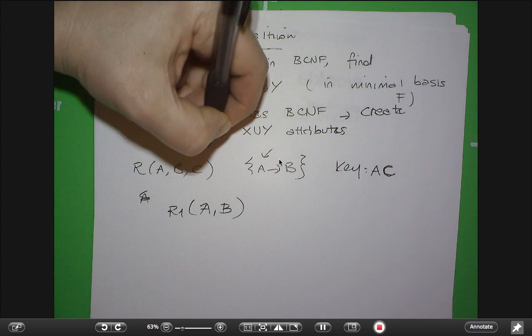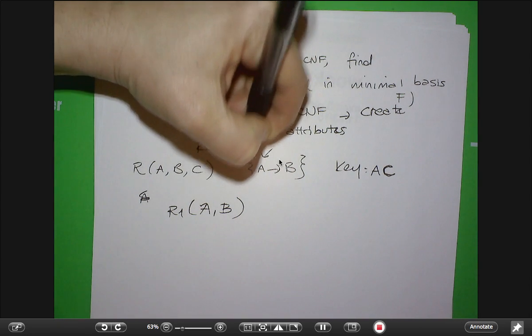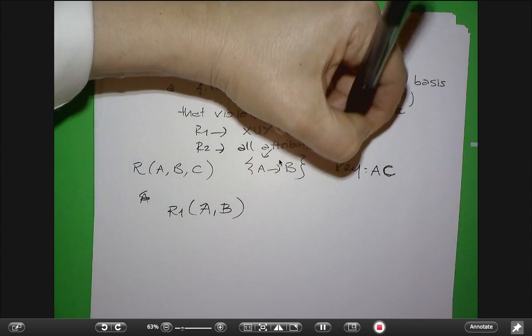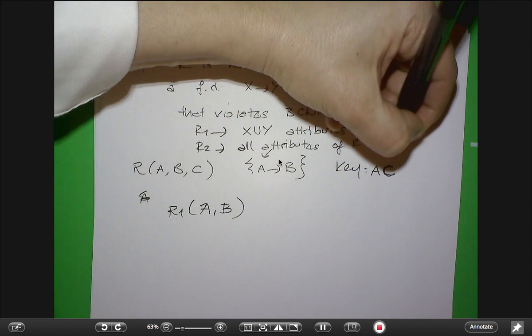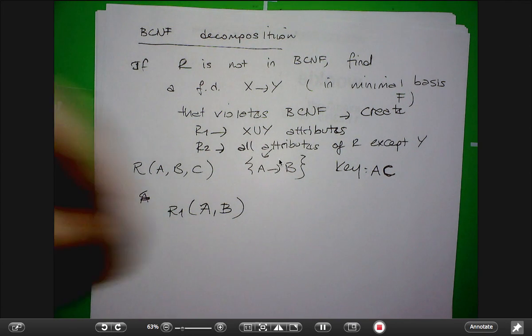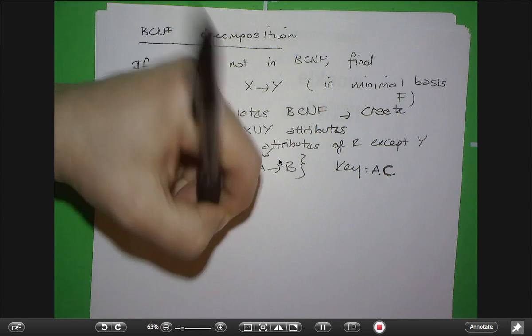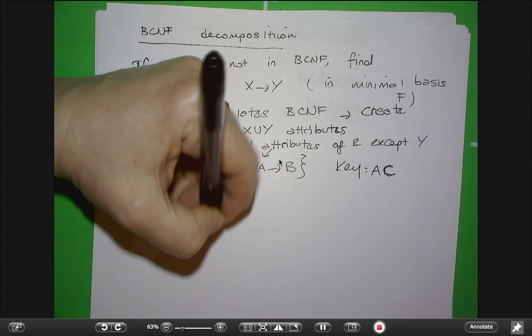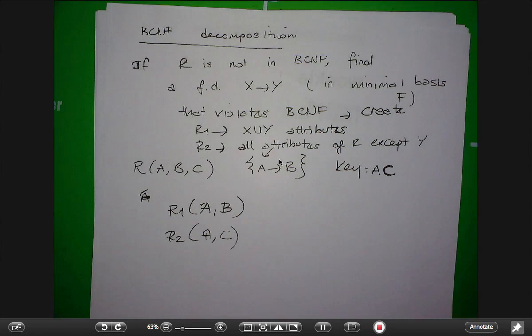So R2 will have all attributes of R except Y. So the remaining relation is going to be R2. That's going to have everything except for B. So it's going to have A and C.